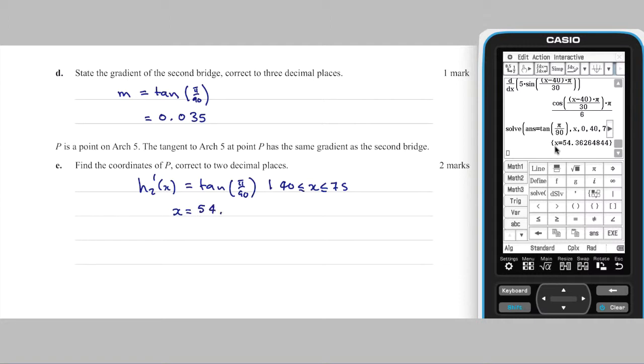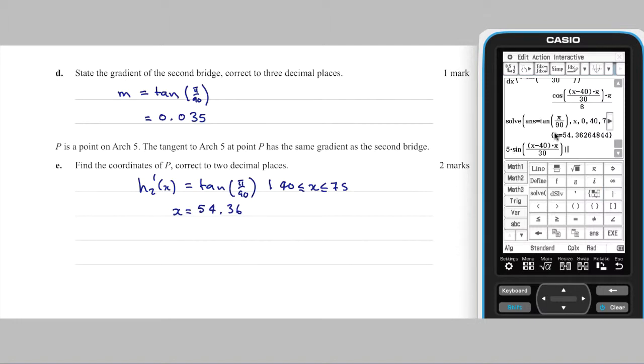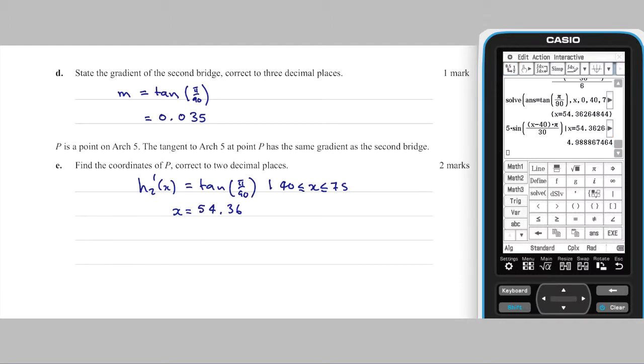This gives us our value of x, 54.36. Our value of y can be found using the function. And a value of y, 4.988, to 2 decimal places.